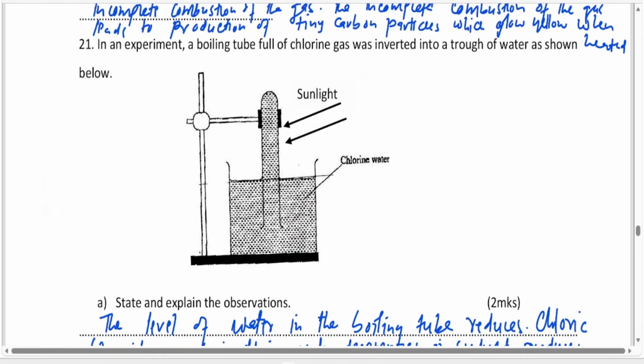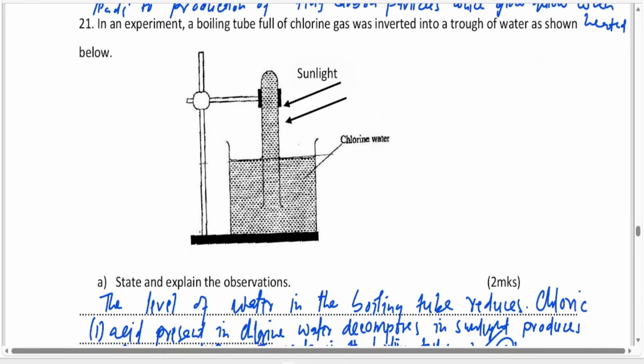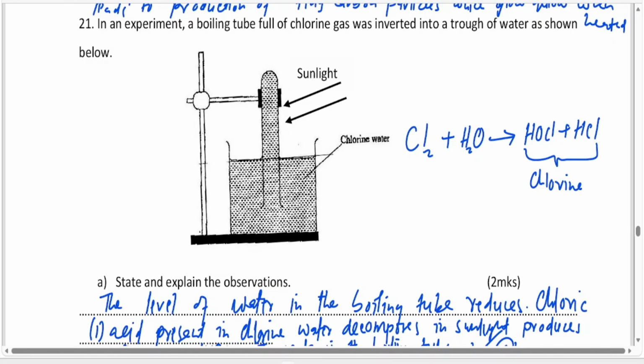And before we proceed, we have said that when chlorine gas dissolves in water, it leads to formation of chlorine water. So this chlorine water is a mixture of 2 acids, hydrochloric acid and hypochlorous acid, chloric 1 acid.